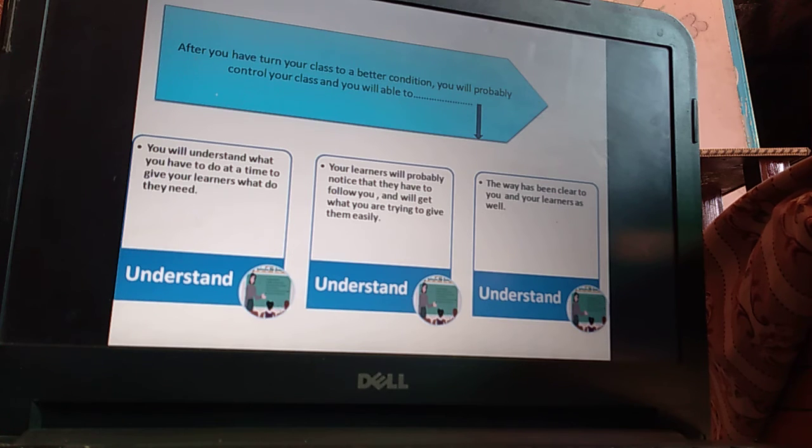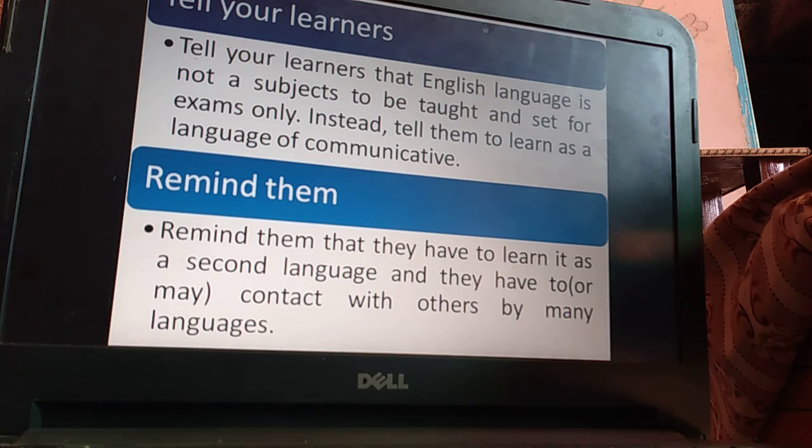And this will make the way clear for you and your learners as well.